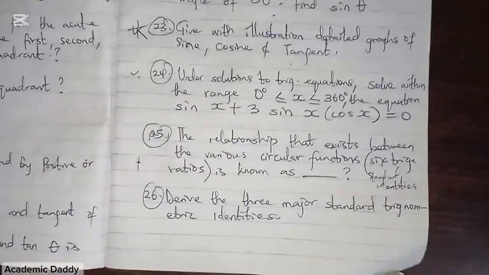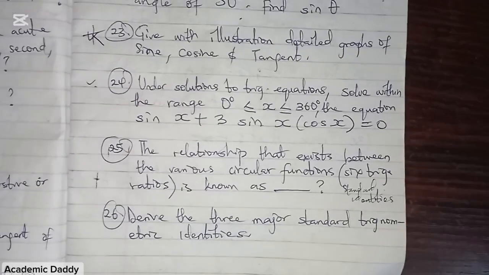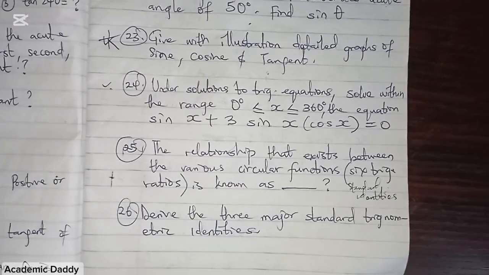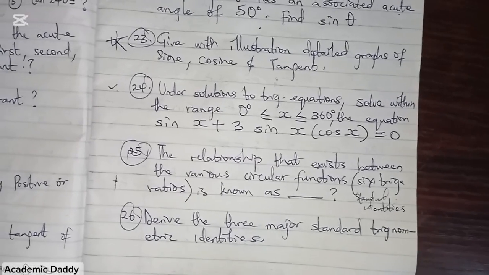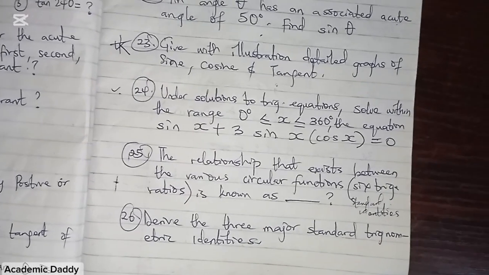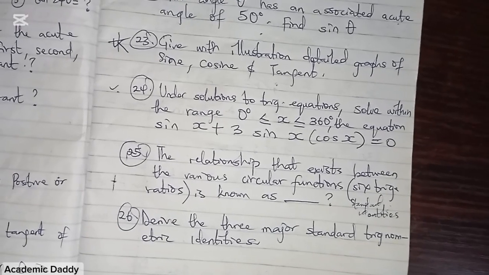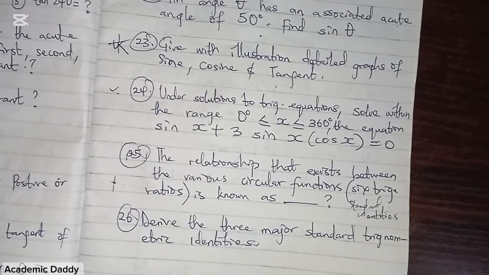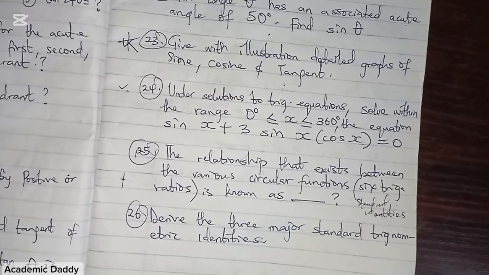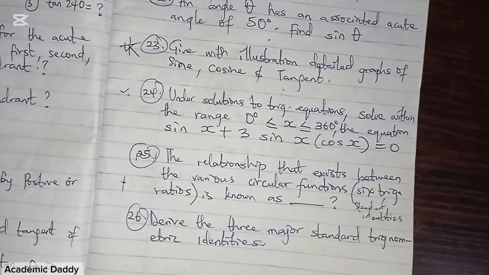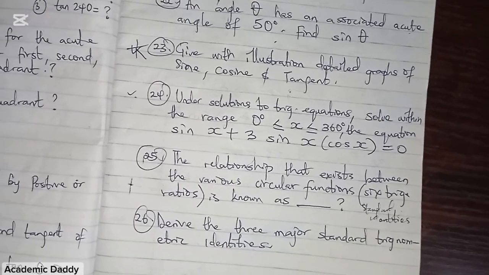Now, let me solve this one. So, they said under solutions of trig equations, solve within the range 0 degrees less than or equal to x less than or equal to 360 degrees. The equation sine x plus 3 sine x cos x equals 0.